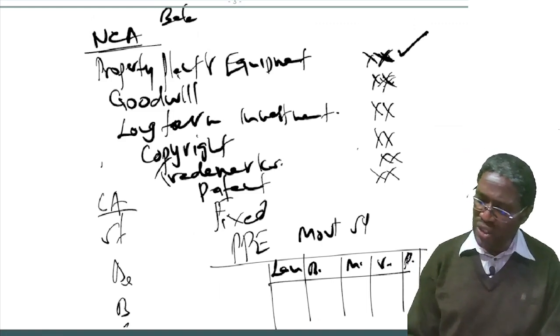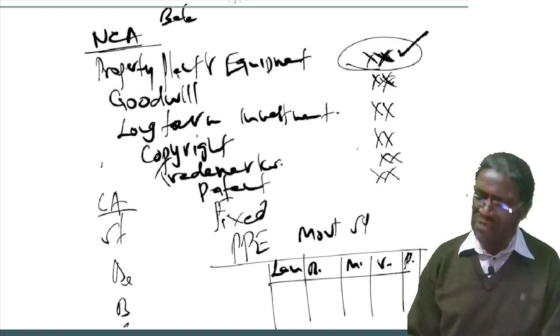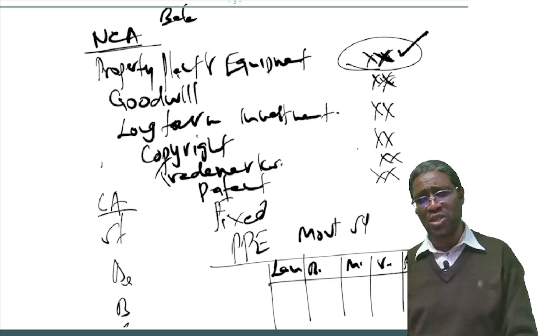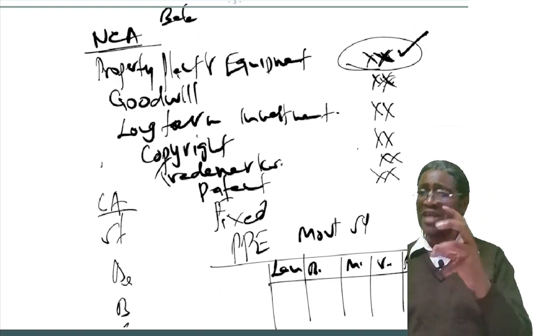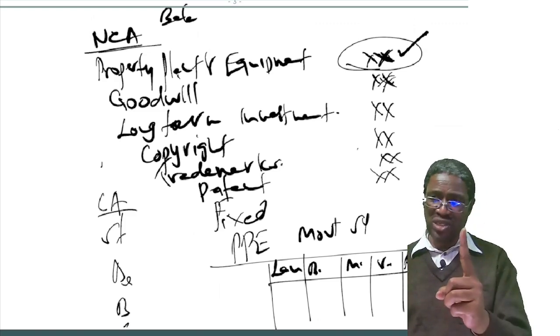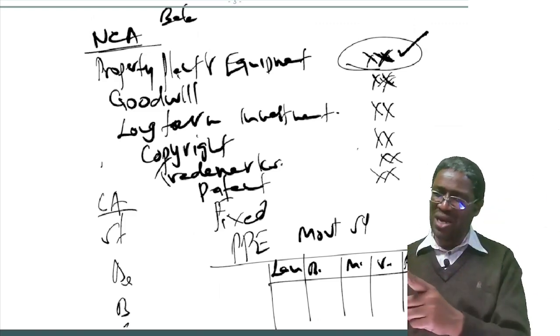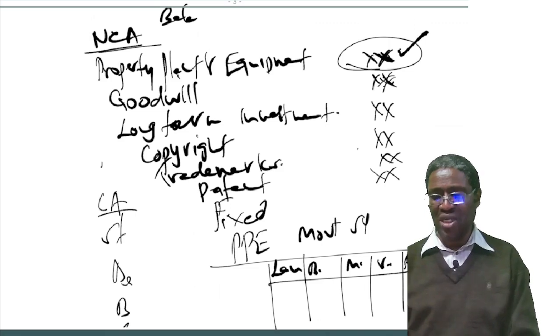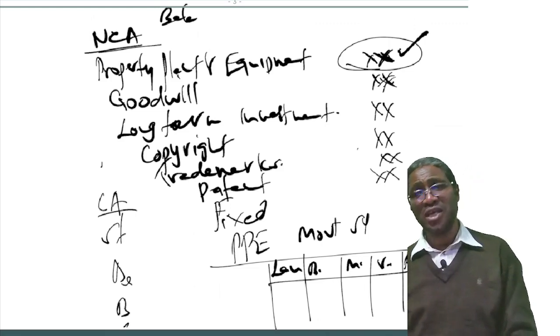But for all the others which can be classified under property, plant and equipment, you are required to combine all of them into a single amount somewhere as a working, and bring them into the balance sheet as a single amount under the name of property, plant and equipment.